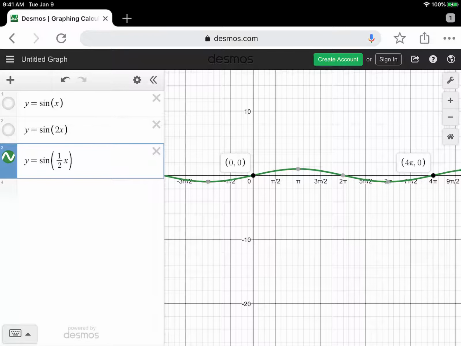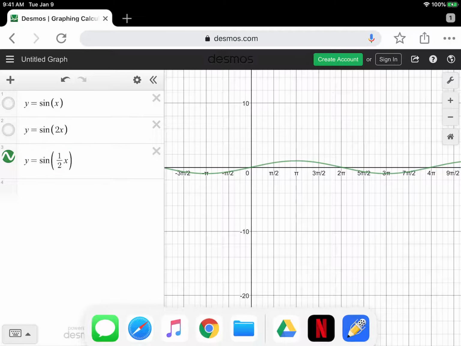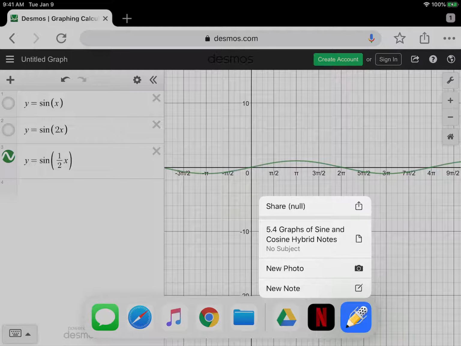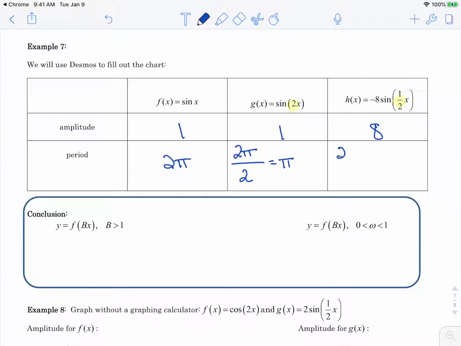So your period for this one is 4 pi. How you find that algebraically is you do 2 pi, always your original, divided by whatever is inside that parentheses attached to that x. To refresh your memory, when you divide by fractions, you multiply by the reciprocal. And what do you know? You get 4 pi.